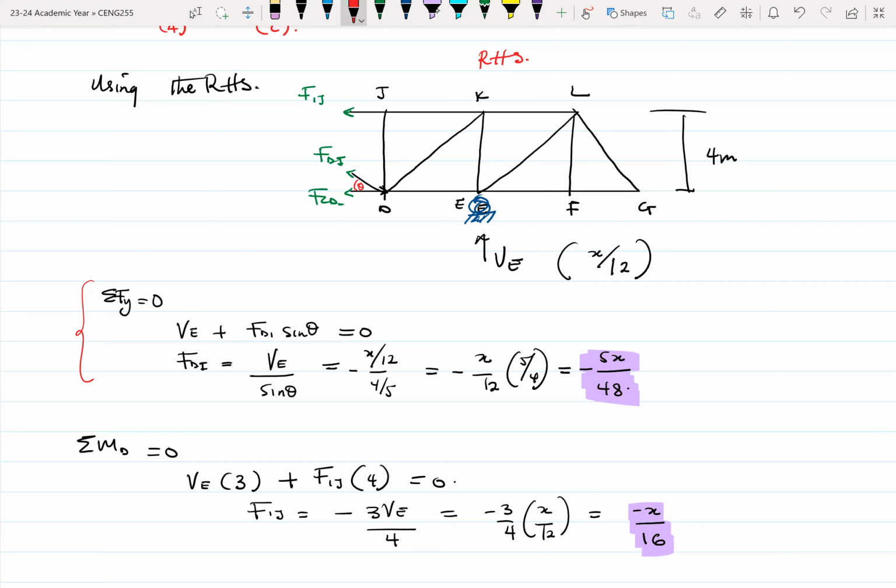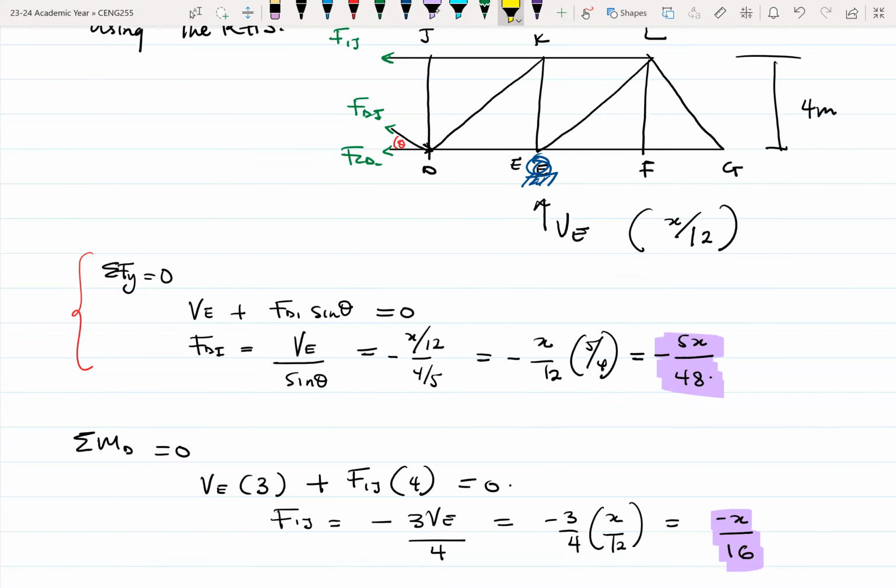All right. So that's the reason I have here VE plus FDI sine theta. I always prefer to have my theta adjacent to the horizontal. It makes things easier. Why? Because back in your SHS and your GHS, mostly anytime you see theta, it is subtended to the horizontal line.